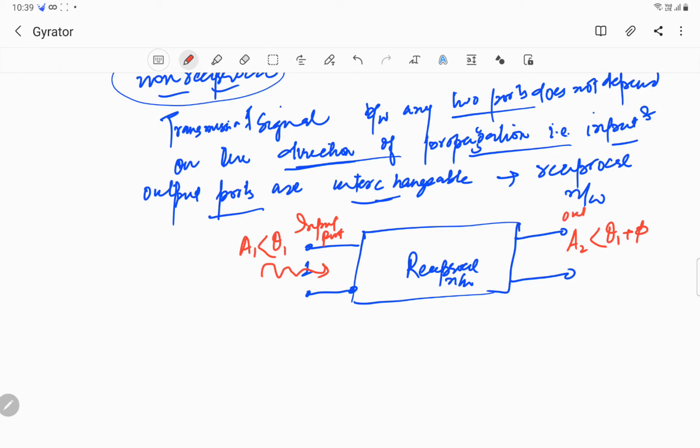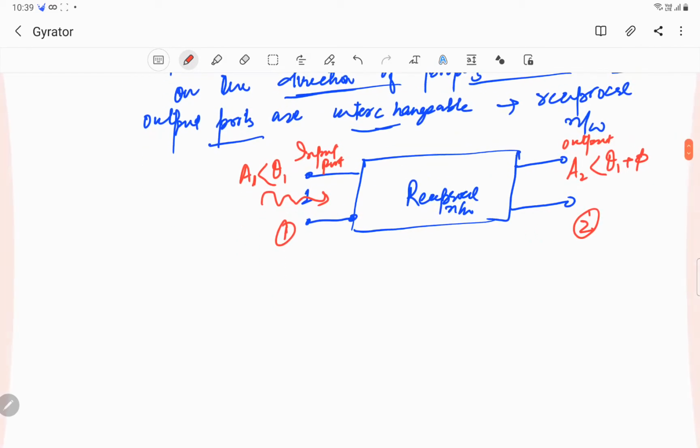Port 1 is the input port, port 2 is the output port.